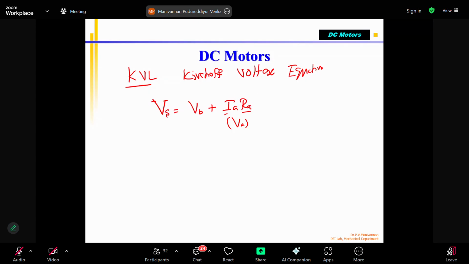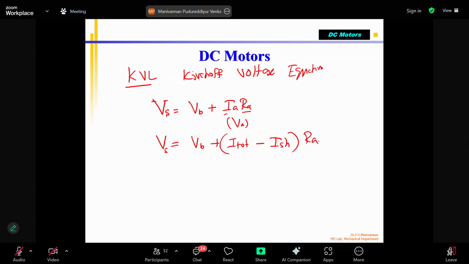So this is the supply voltage and this is the back EMF. If I add these two together, it will be equal to VS. So I can write V supply equal to VB plus (I total minus I shunt) into RA.